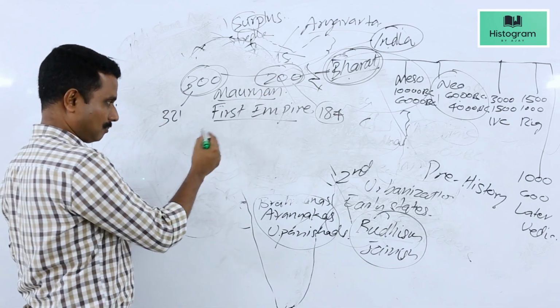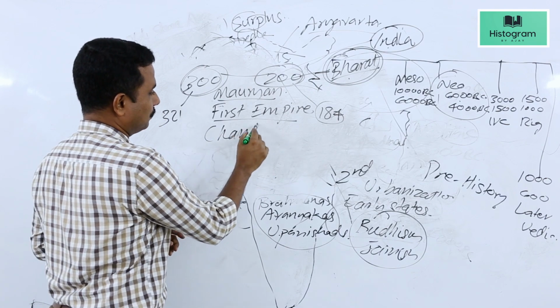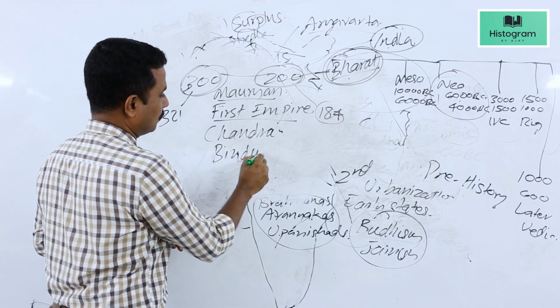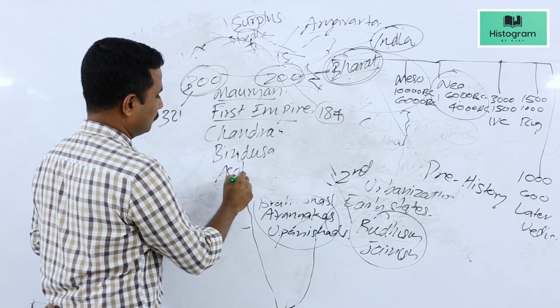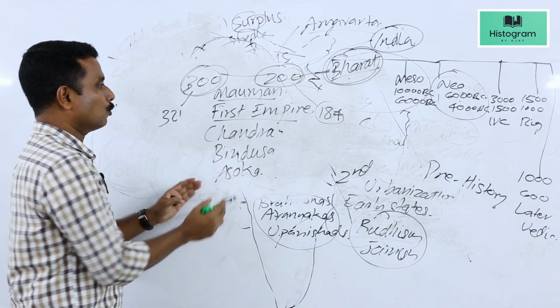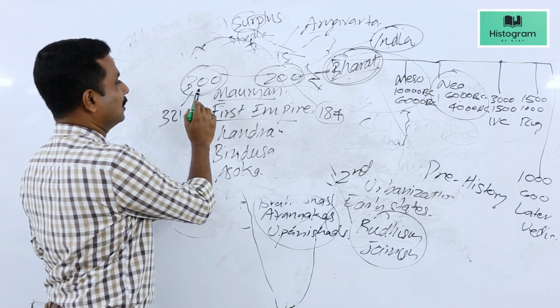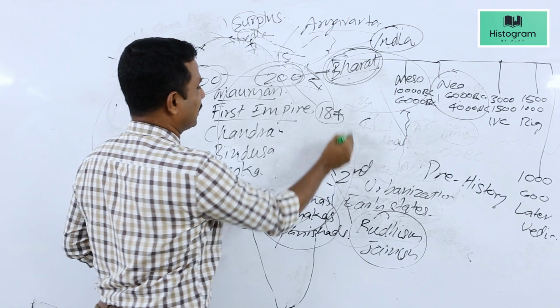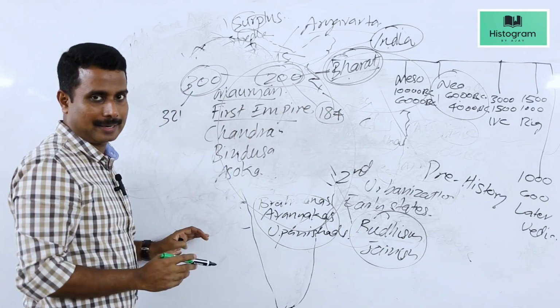Here, Chandragupta Maurya, Bindusara, and Ashoka, such rulers ruled during this period over a very vast territory, so we call it an empire.